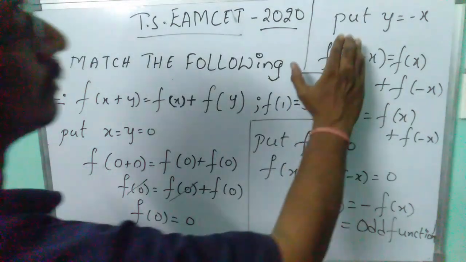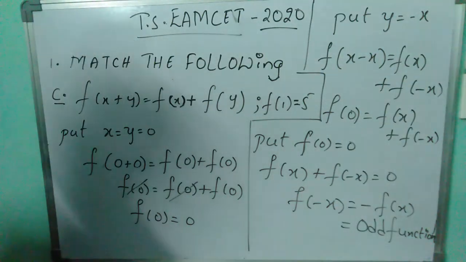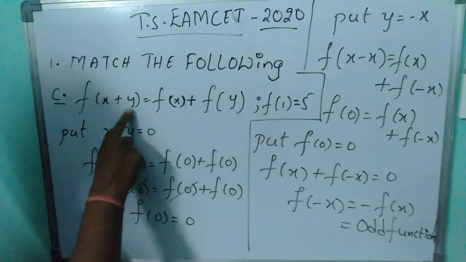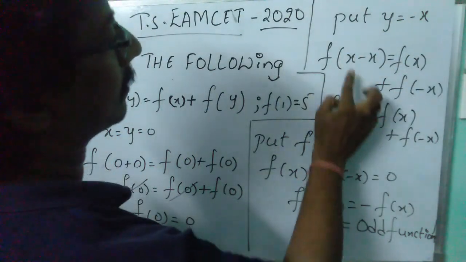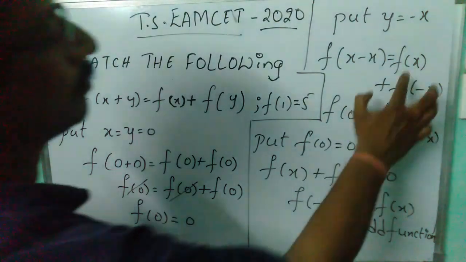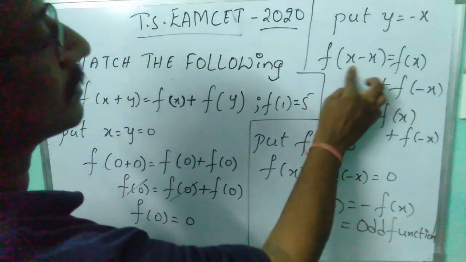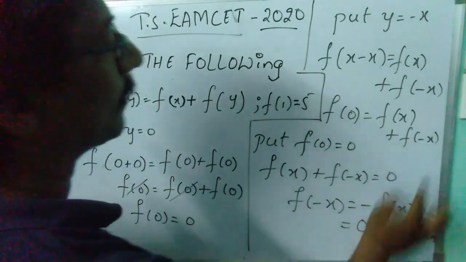Now let me put y equals minus x. So f of x minus x, because in place of y we replace with minus x, equals f of x plus f of minus x. We know x minus x means 0, so f of 0 equals f of x plus f of minus x.